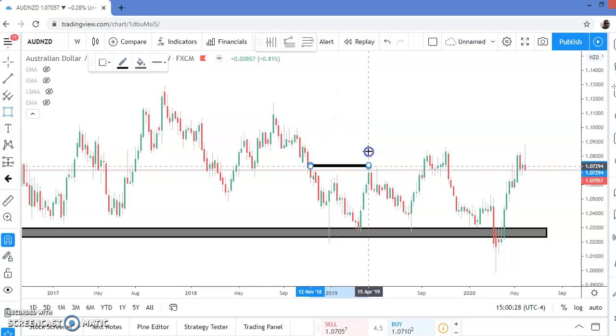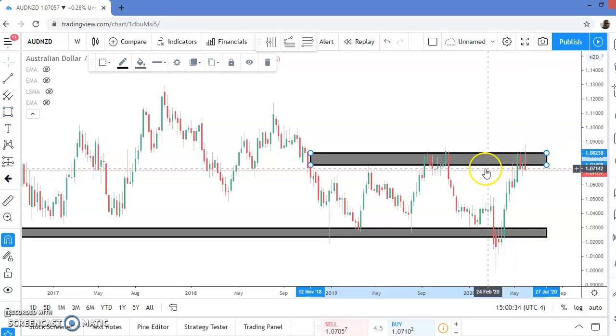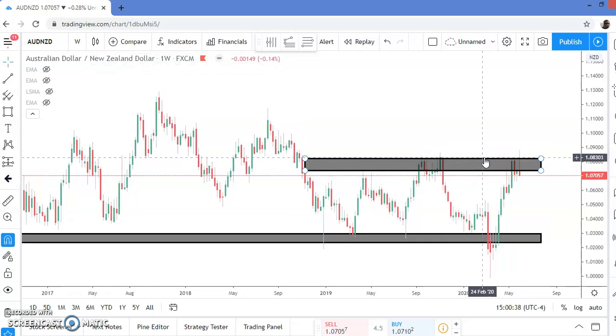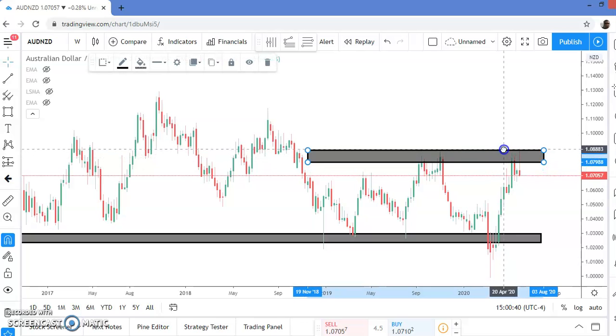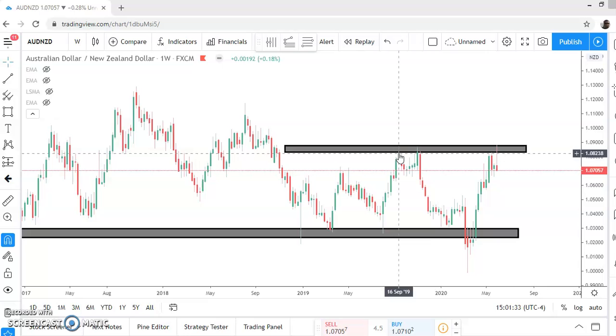Now we're going to take our same triangle tool and find a resistance point. Remember, resistance is from the top. I like to start here. And as you can see, here's 1, 2, 3 areas where price has touched.